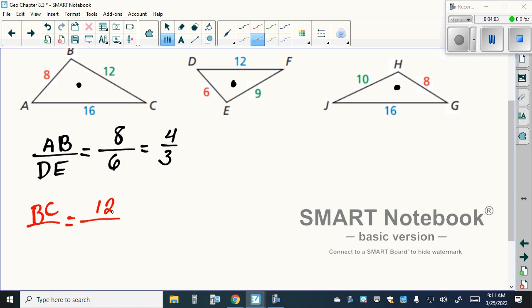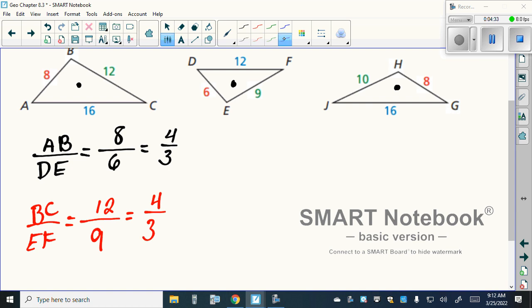And if I look at DEF, out of 6, 9, and 12, the middle side length is 9. So that means it's going to connect with EF. Because 9 and 12 both have a common factor of 3, which would reduce our 9 to 3 and 12 to 4.